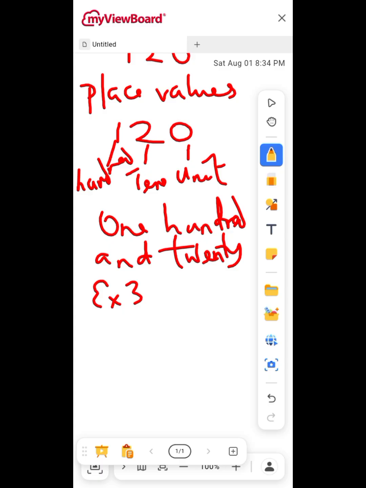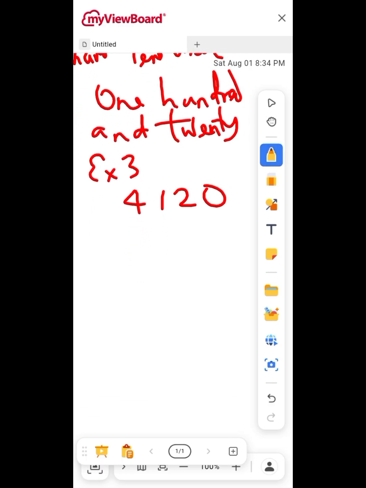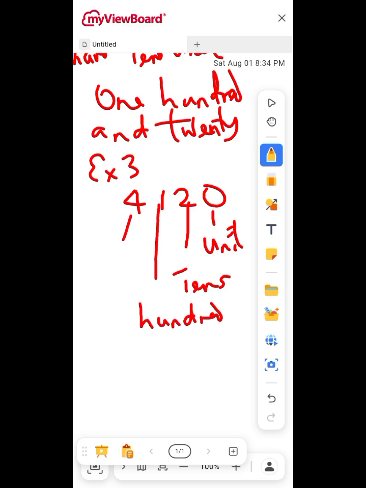Let us look at example 3. We want to write 4,120 in words. Using the concept I told you, put place values, that will make it easier. My 0 is my units, my 2 is my tens, my 1 is my hundreds, and my 4 is my thousands.